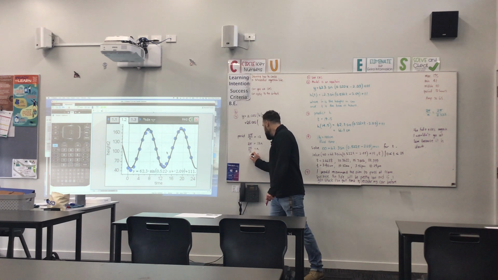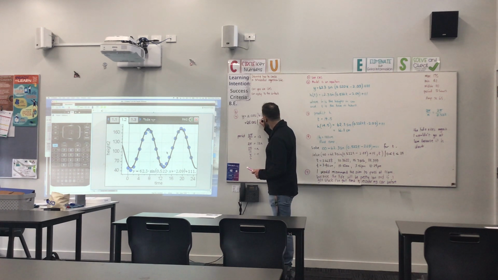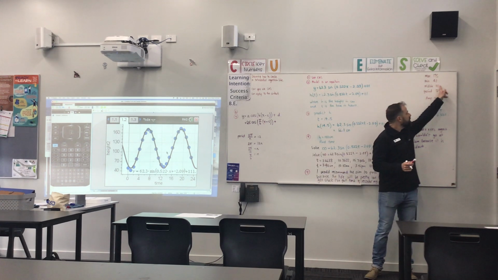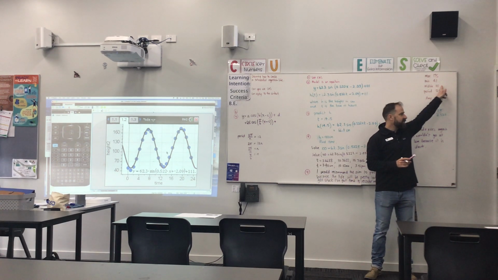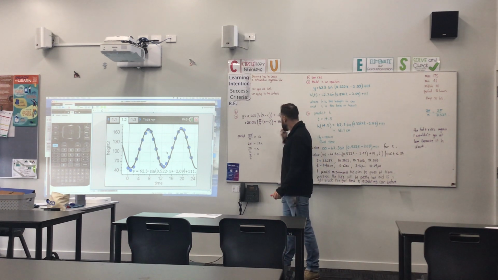So n equals pi over 6. Okay, so B is pi over 6. I'll leave the C till last. D is how far up we've moved it. We've said the midline will be at about 110. So we're going to stick 110 on the end of the equation.